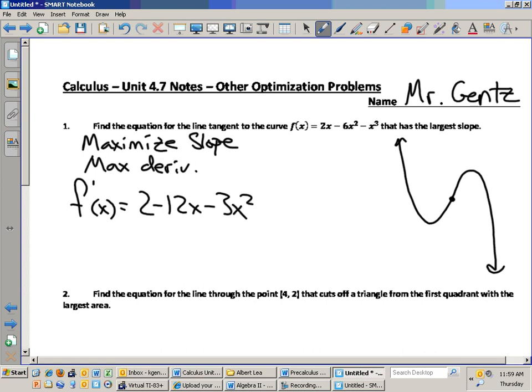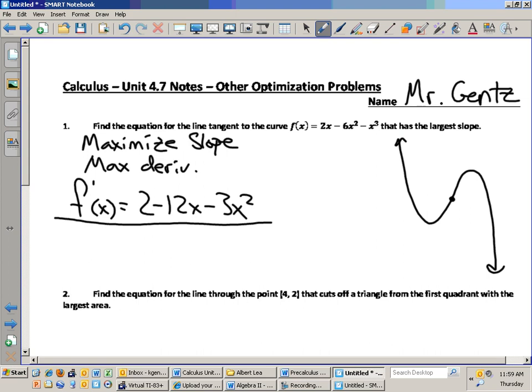Okay, if you want to maximize something, what do you do? You take the derivative and set it equal to 0. So if this is what we are actually trying to maximize, then we need to take the derivative of that and set it equal to 0.